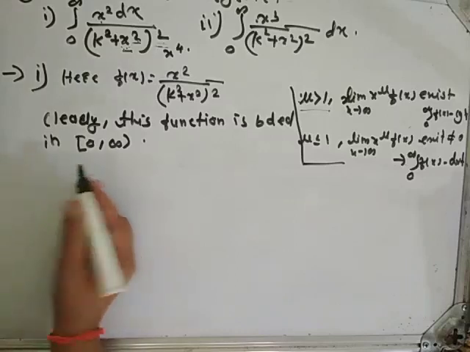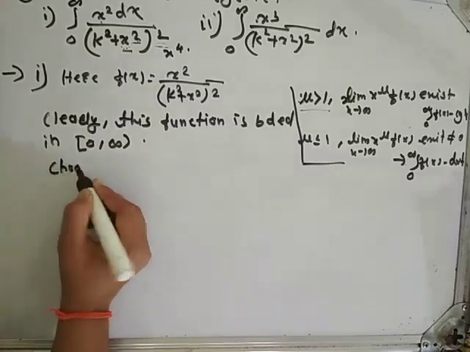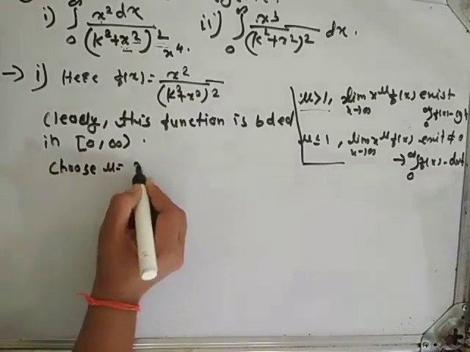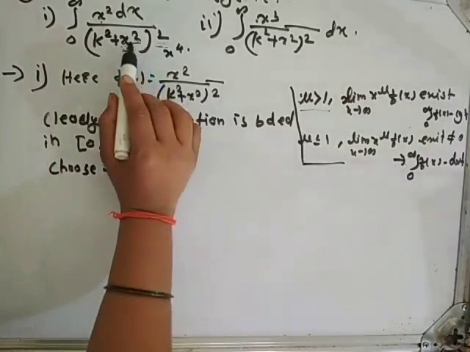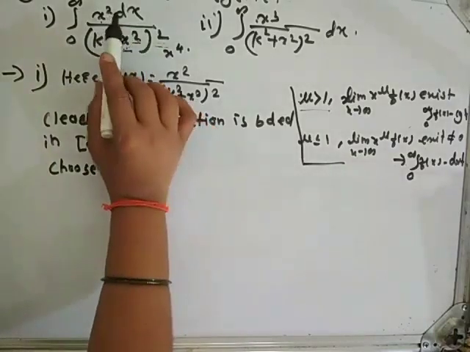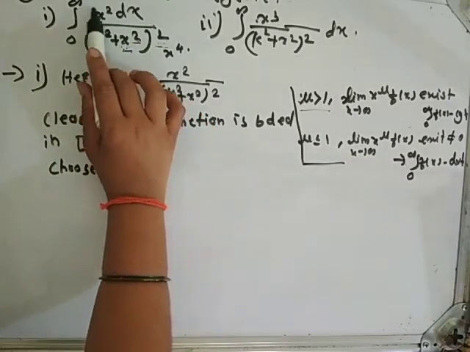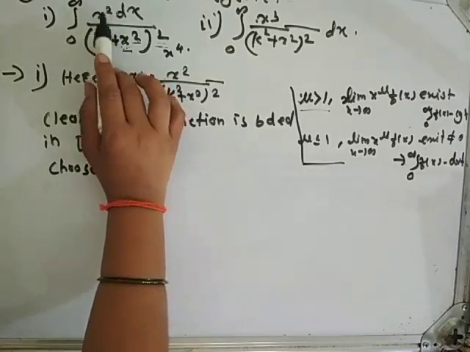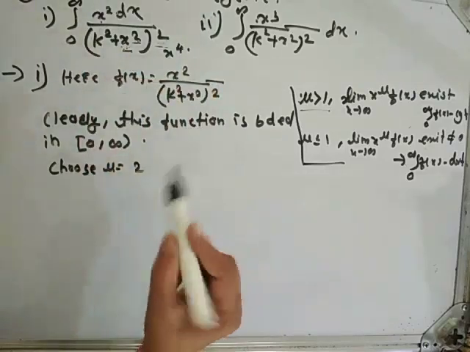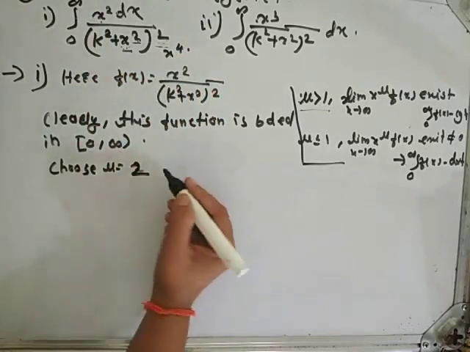See here students, here we have to choose mu equal to 2. Why? Because here power of x is 4. If we multiply x square, power of x becomes 4. So we will choose mu equal to 2.